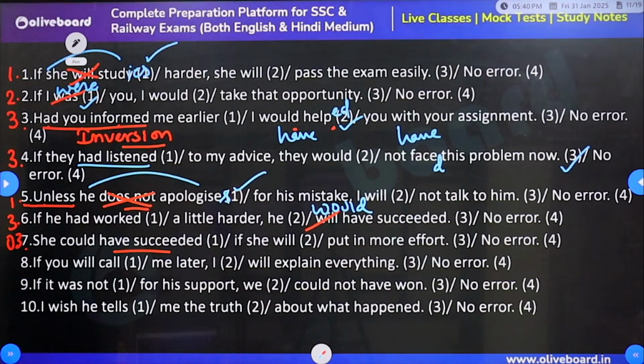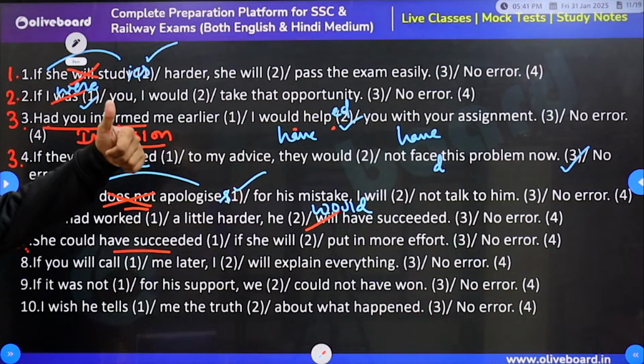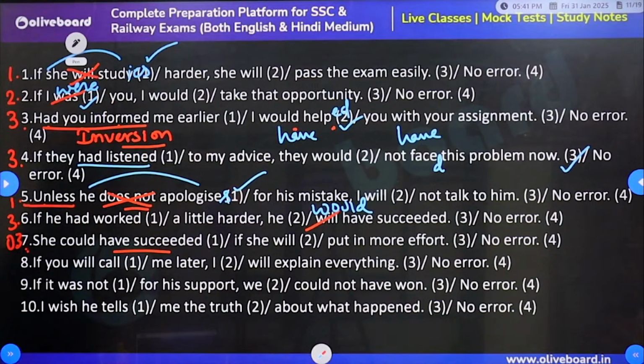No Utkarsh, no brother. Would is a modal. Modals don't take a V2 after them. Nope. I'm looking for the answer of the seventh one. Uma Prajapati. Perfect. No. It shouldn't be no error.